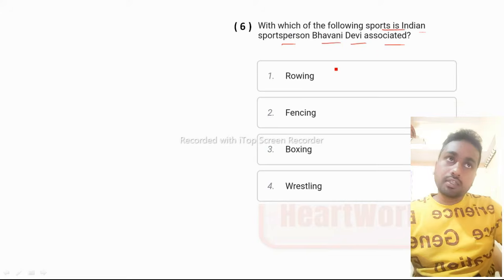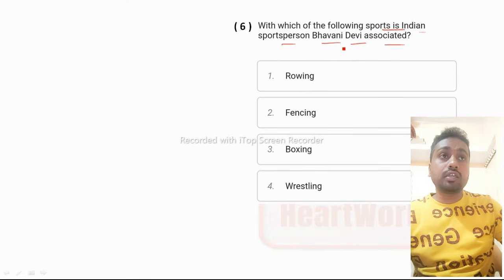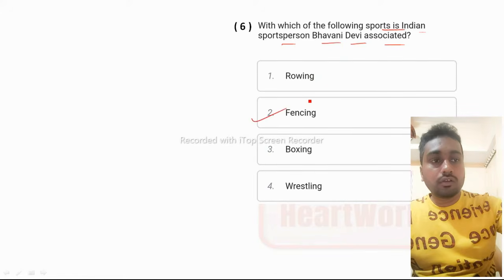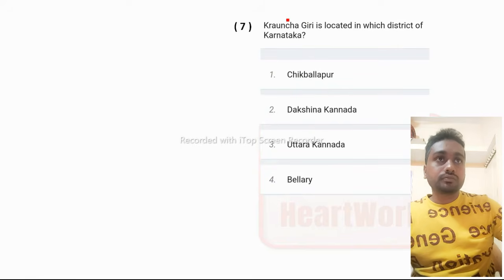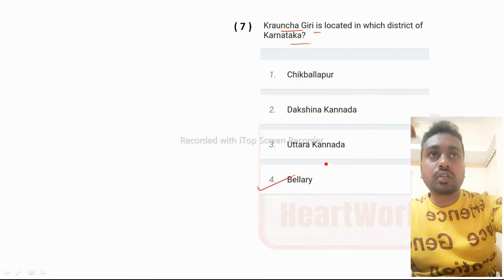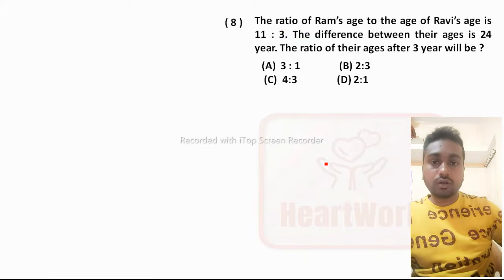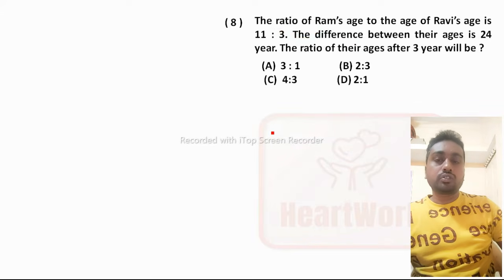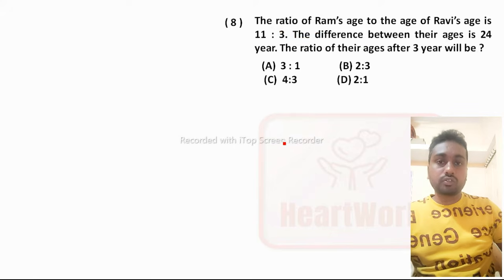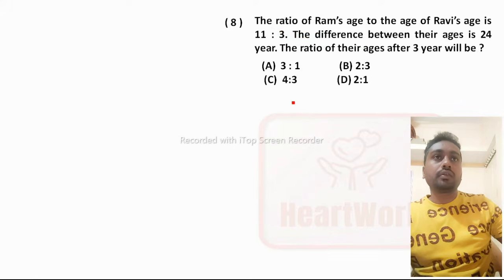Bhavani Devi is associated with fencing. Next, Karunchagiri is located in which district of Karnataka? It is located in Bellary district. Like that, some GK related questions will come. General awareness or current affairs related questions you also have to see.